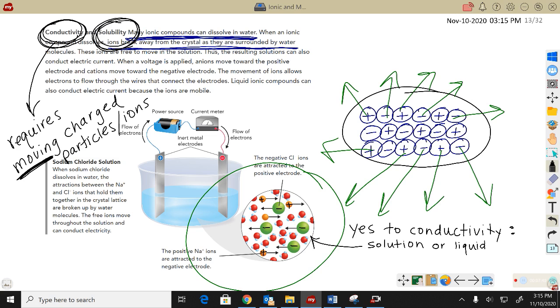If I can heat some ionic compounds enough, they will melt, and then those ions can just move, but there's no water molecules present. You would just soften the crystal structure a little bit. And as long as those ions can move, we can conduct electricity. But here's going to be a no to conductivity.